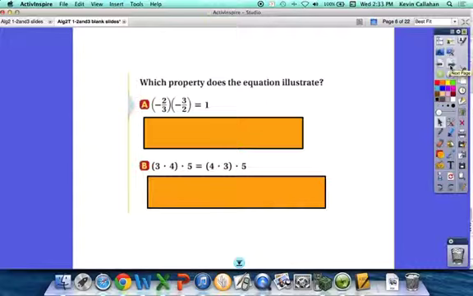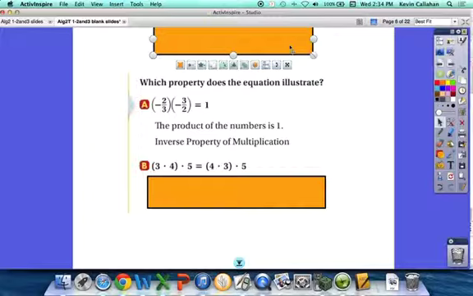What's the property called? It's not called the reciprocal property. Well, it's multiplicative, but what is the property? When you multiply a fraction times its reciprocal and get 1, what property is that? That's inverse, right?